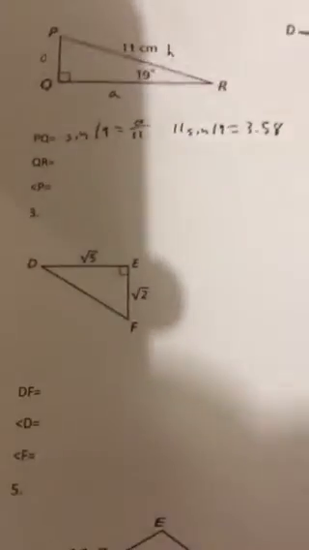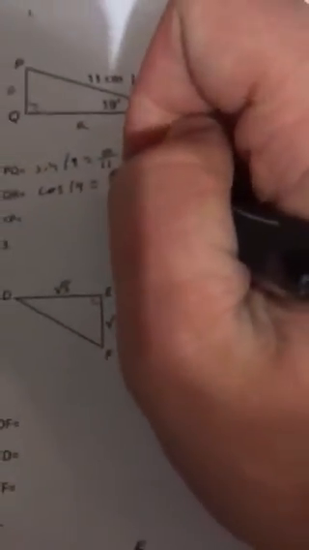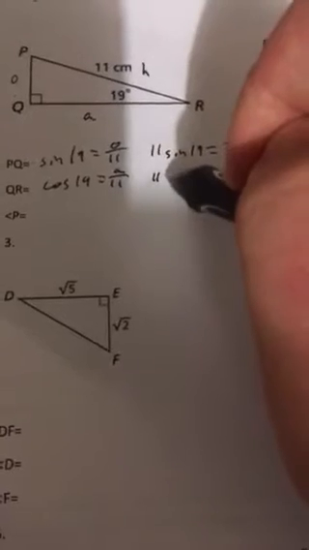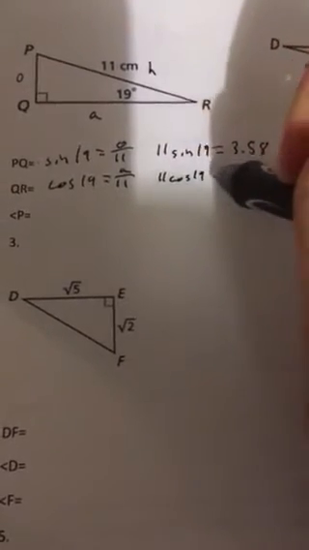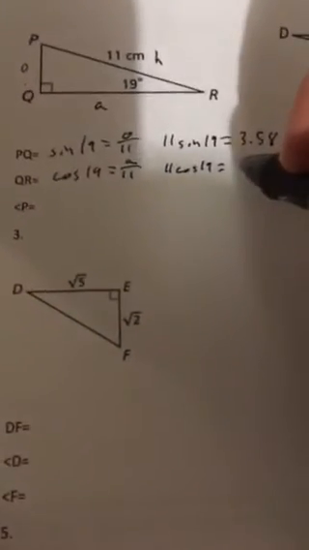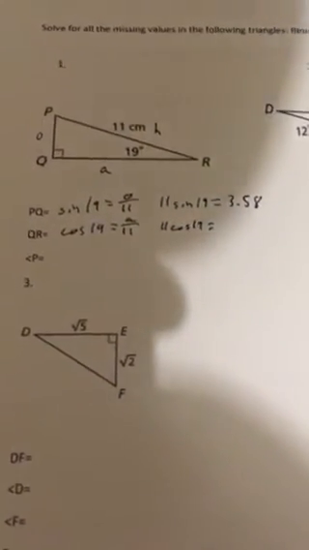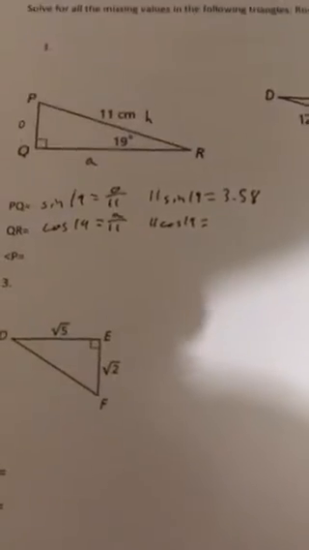Okay. Let's do QR. QR is my adjacent side, so that's cosine 19 equals my adjacent over 11. So 11 cosine of 19 degrees equals A, which is 10.4007, so it's going to come out to 10.4.